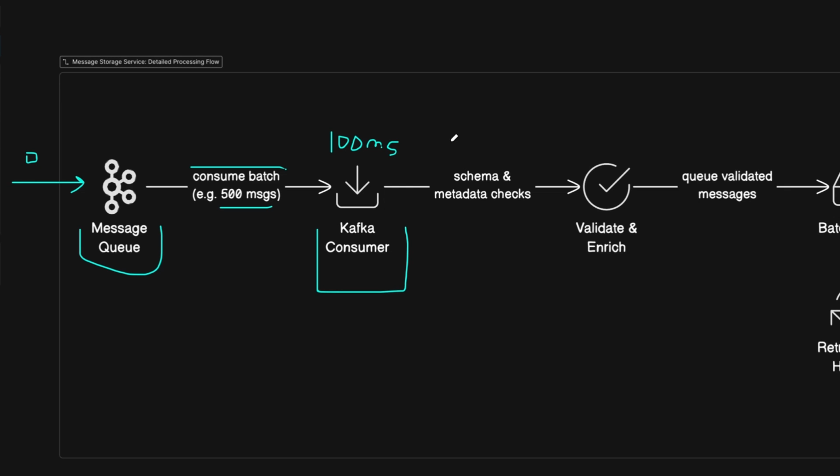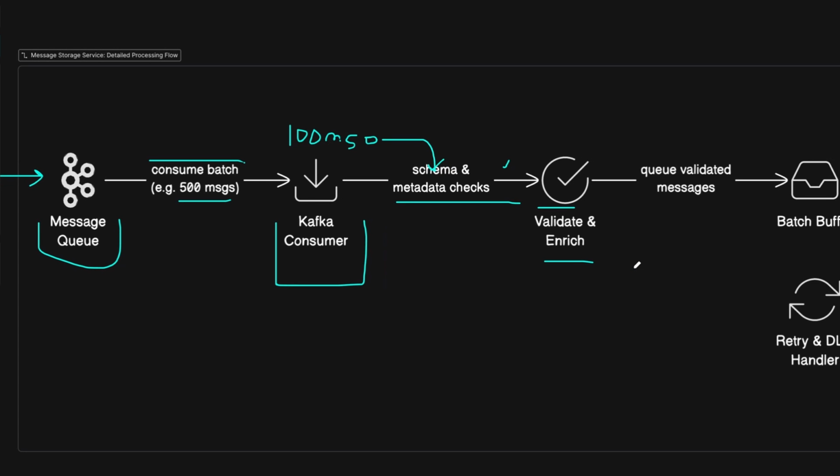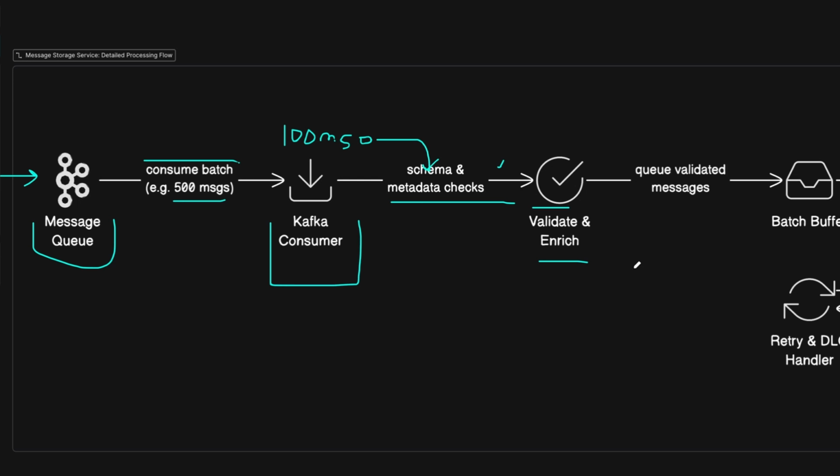For each of these single messages, we will validate the schema first of all, and then do metadata checks to check the size of the file. If they uploaded some media file that exceeds the limit, we will need to respond with an error message. And otherwise, if it passes the criteria, we will validate and enrich the schema. Here is where we can calculate the message hash for deduplication, extract the mentions, like if they mentioned some username, right?